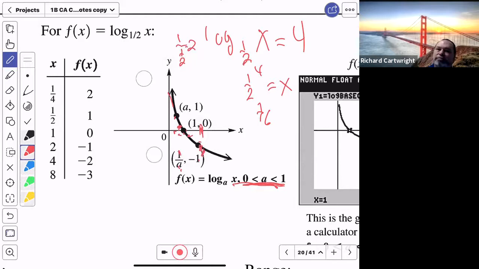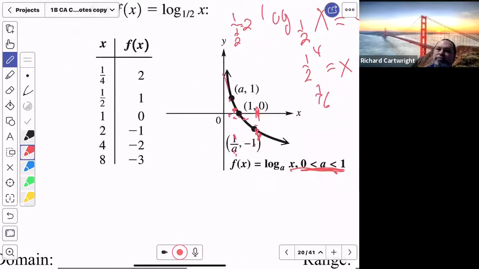There it is, look at that, -1. At positive 1/2, he's at 1. At 1, he was at 0. And at 2, he's down to -1, because those are those 3 points. He has some extras here that I won't really need unless you like to do tables.